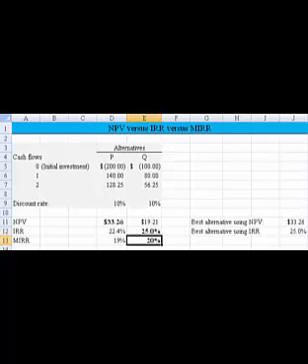And so the results we see are exactly what we would expect, a lower number, given that both internal rate of return was much higher than the discount rate.